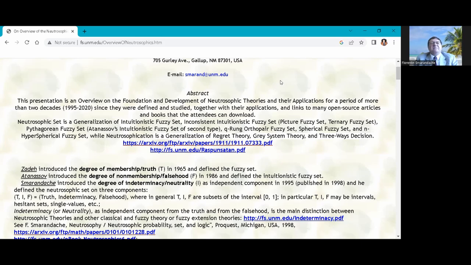The most general type of Neutrosophic set is the refined Neutrosophic set or multiple Neutrosophic set, where we have many components for the truth, indeterminacy, and falsehood.